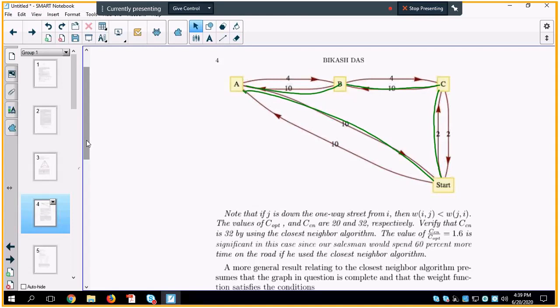Whereas the optimal path would be actually to start and go to A. We didn't make that choice with the closest neighbor path because 10 is larger than 2, but by paying this 10 up front, that allows us to get 10 plus 4 is 14, 14 plus 4 is 18, 18 plus 2 is 20.